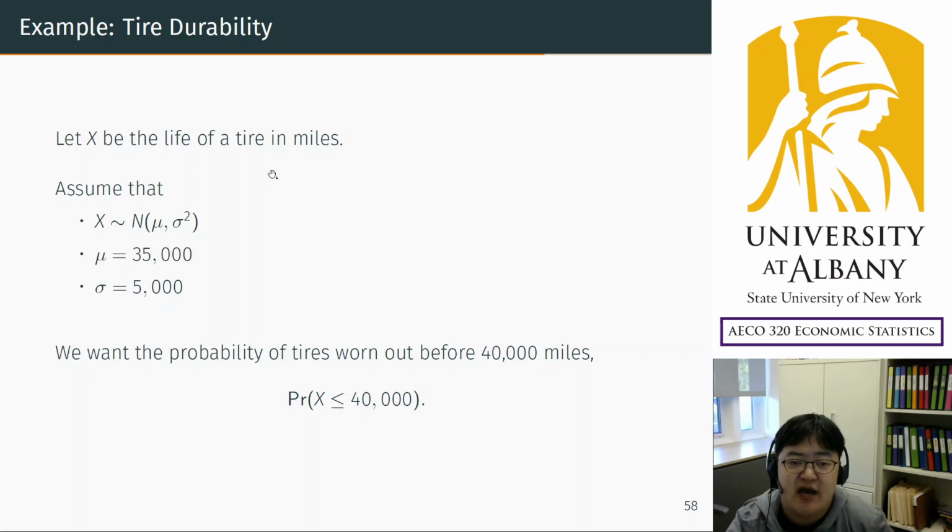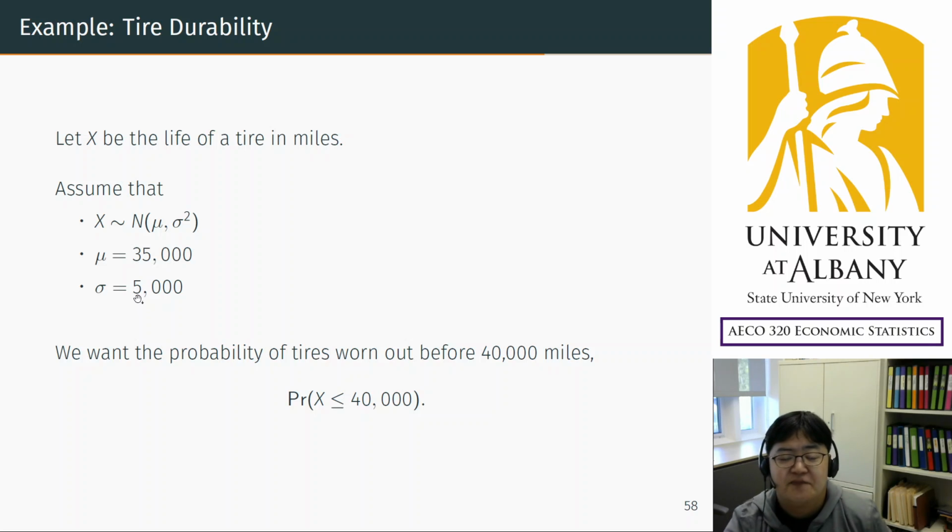And I'm going to assume that the tire's life, the longevity of a tire, can differ across tires, and its distribution is a normal distribution with these two parameters. So on average, the mean of tire mileage is 35,000 miles, but some tires may last more than others, so the variability, sigma, the standard deviation, is 5,000 miles.